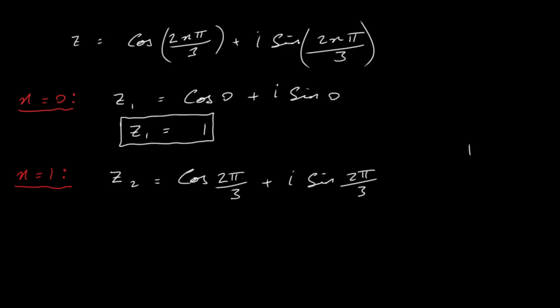Now if we have a look at that, we have here our imaginary axis again and our real axis out here, and we have our original complex number out here. This was 1 plus 0i out here.